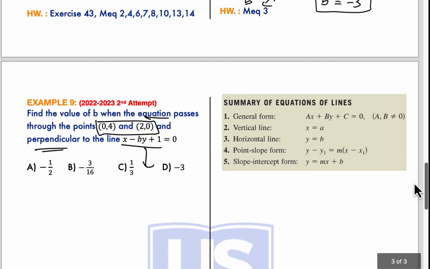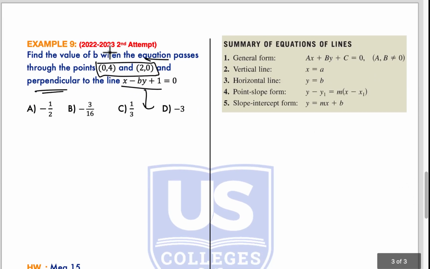Okay, let's take a look at this question. Find the slope of this line first, which is negative coefficient of x divided by coefficient of y, negative a over b, equals negative 1 divided by the coefficient of y, which is negative b. So negative, negative cancel each other. 1 over b is the slope of this given line.